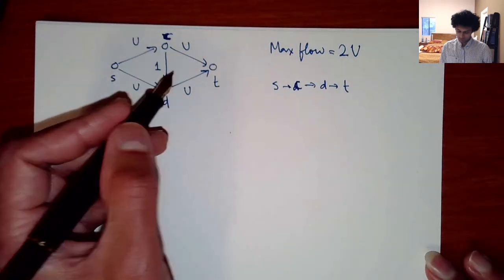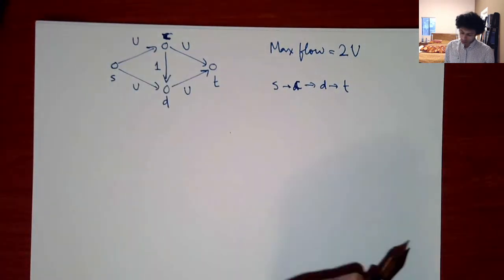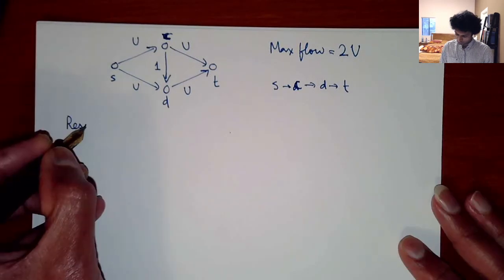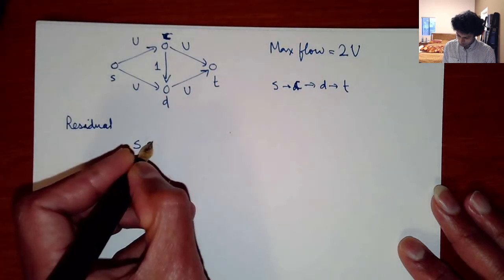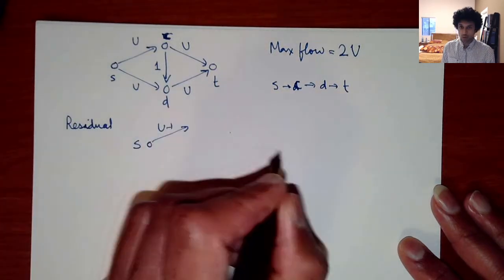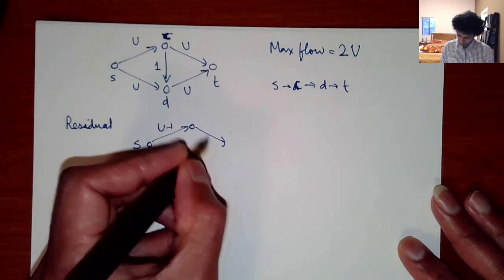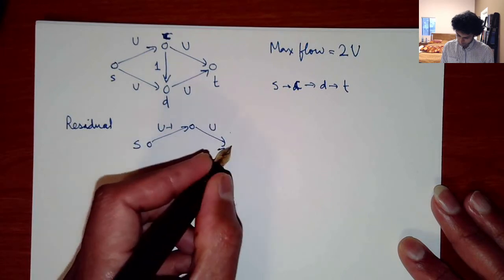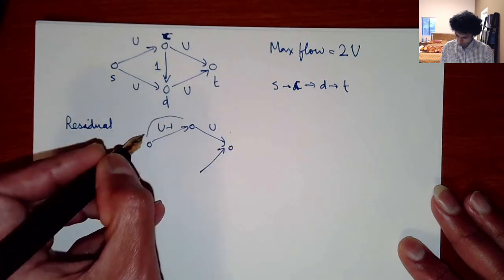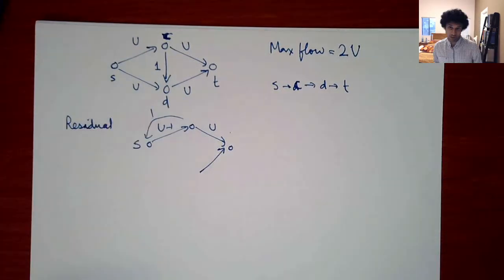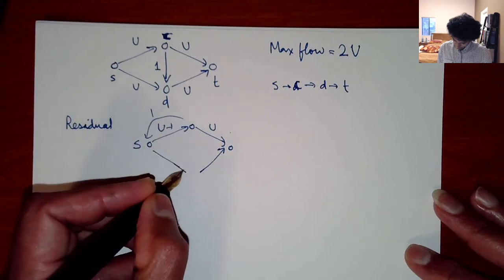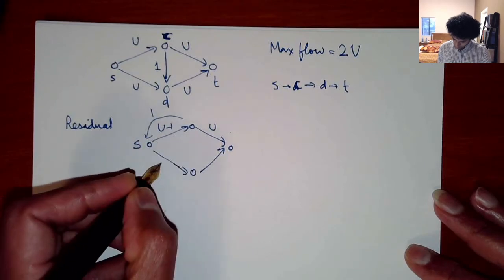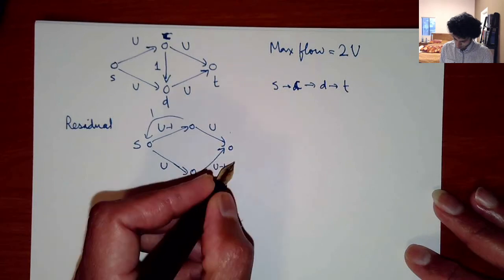So you could send 1 unit of flow. Now you'll compute the residual. Now the residual is going to be S. Here you have a capacity of U minus 1. That capacity remains U. You'll put a back edge of 1, saying that I could have also sent 1 in the opposite direction, although you'll never use it. And so here is U. That's going to be U minus 1.